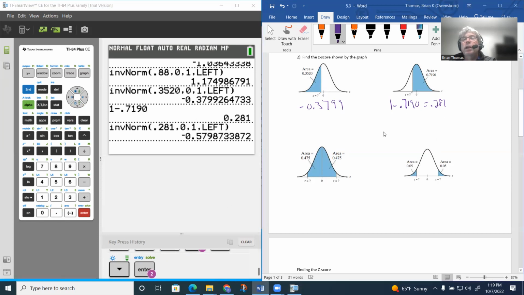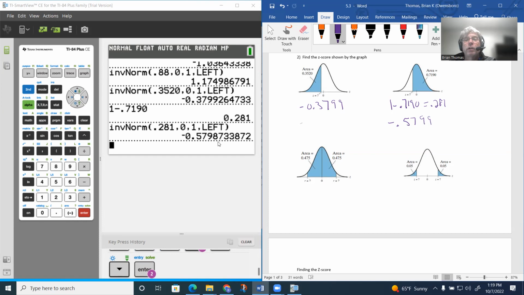Again, that should be negative. That looks good. So we have negative 0.5799, since there's a 7 after that 8, so the 8 moves up to a 9. Now again, since I was doing z-scores, I should be rounding to two places past the decimal.